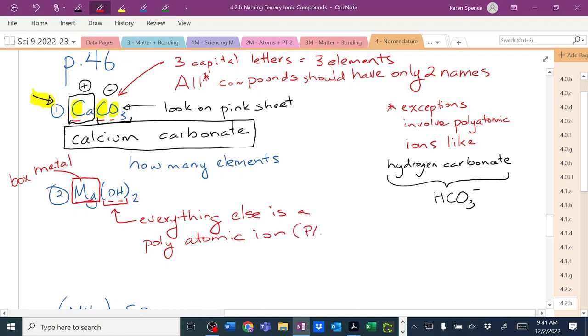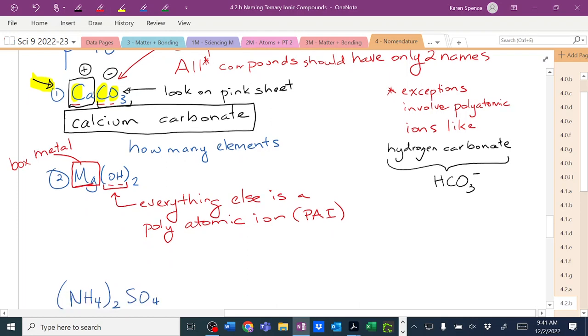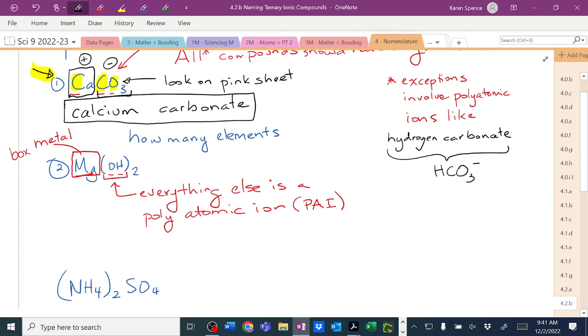A PAI, a polyatomic ion. So we're going to then name magnesium, which we all know. Hopefully you did, otherwise I just gave it away. Magnesium. Could you all please go onto your pink sheet and look up OH?